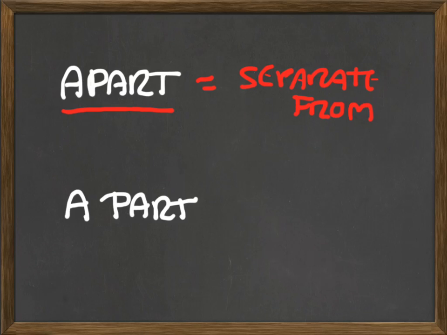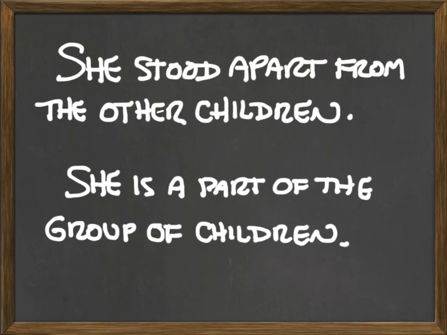A part, written as two words, means sort of like within or one of. For example, if I say, she stood apart from the other children, what I mean is the other children are standing in one place and she is standing in another. She is not with them.